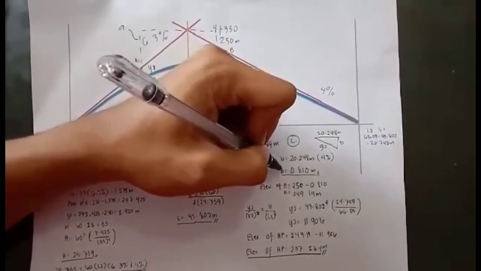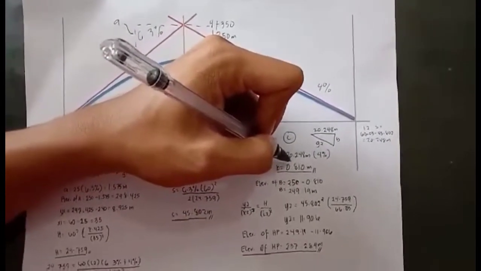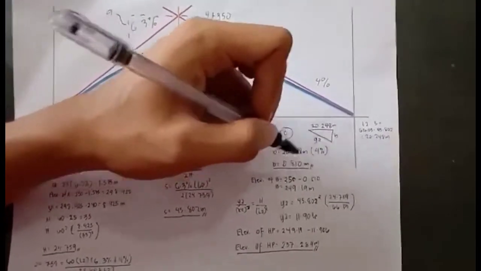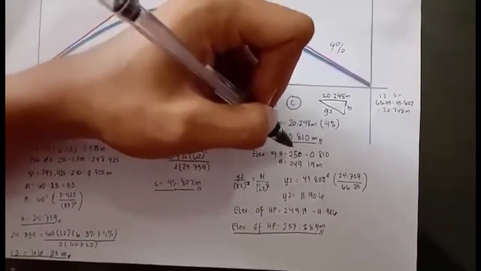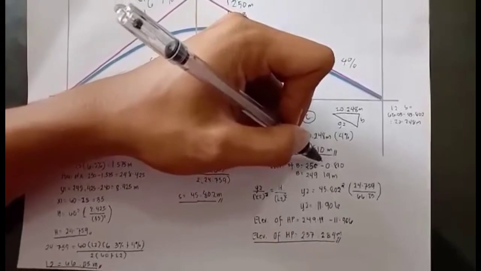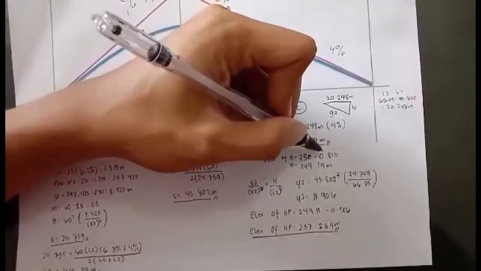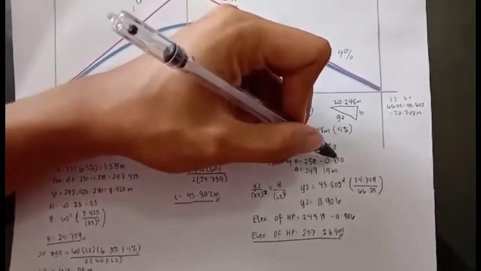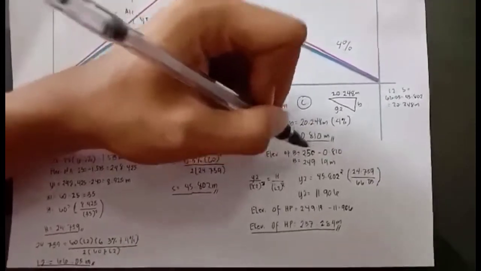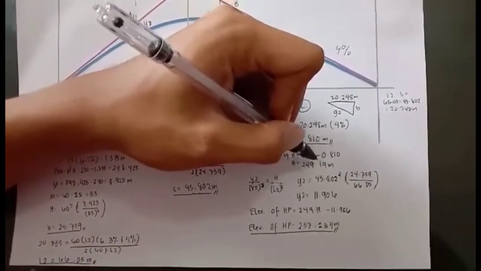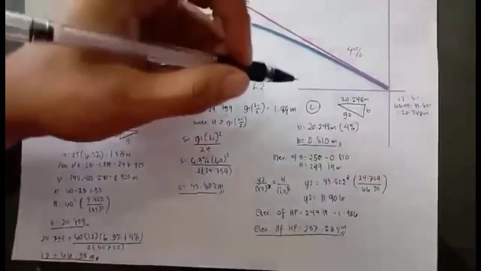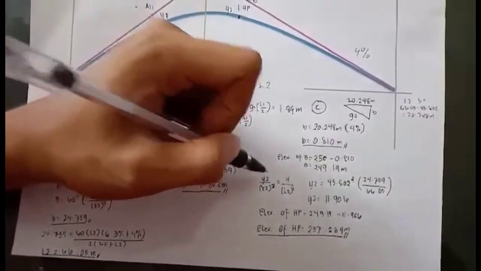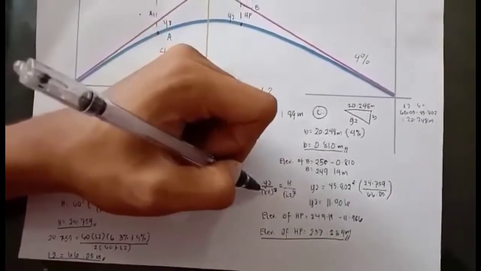So the B is equal to 0.810 meter. Then the elevation of B is equal to 250 minus the B, which is 0.810. Then B is equal to 249.19 meter. Then Y2 is equal to X.